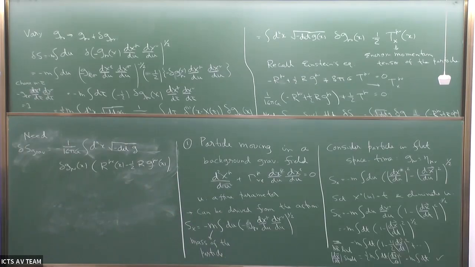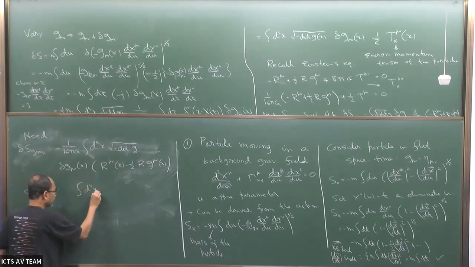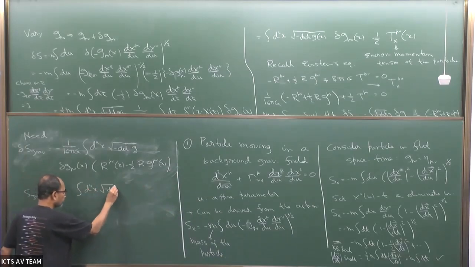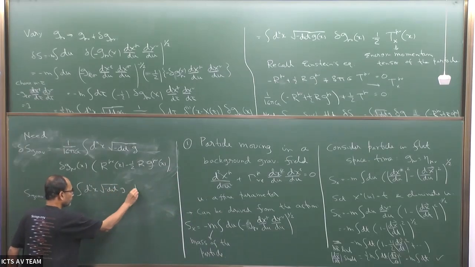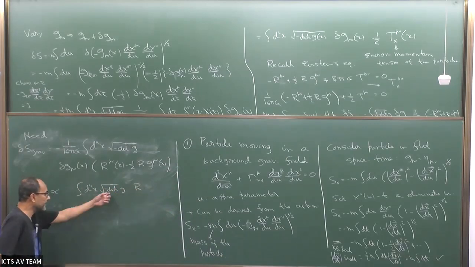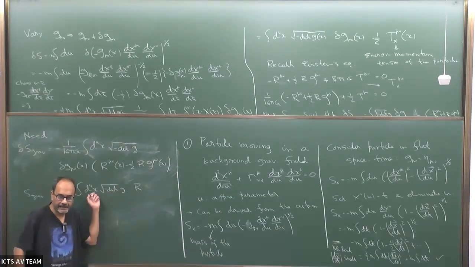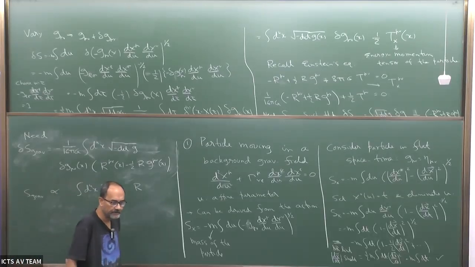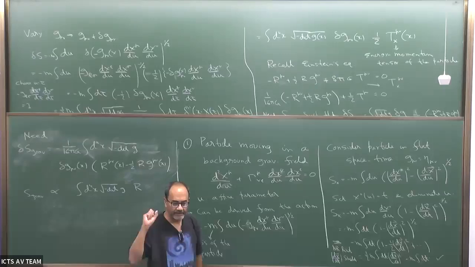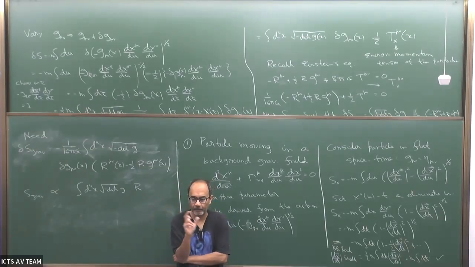Is this clear? Okay. So basically then the S gravitational should be of the form integral d4x square root of minus determinant G. This is needed because d4x by itself is not general coordinate invariant, right? I think we had discussed it once. When you make an arbitrary general coordinate transformation, you get the Jacobian, right?